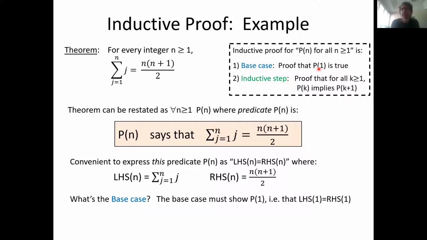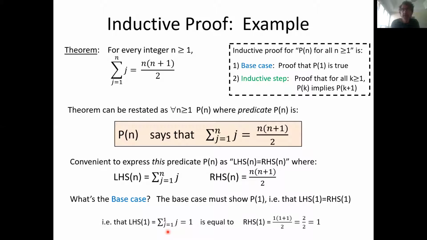So what's the base case? Well, it's that this predicate is true for 1. In other words, this expression for n equal 1 is equal to this expression for n equal 1. This is easy to prove directly. The left-hand side is the summation from j equal 1 to 1 of j.